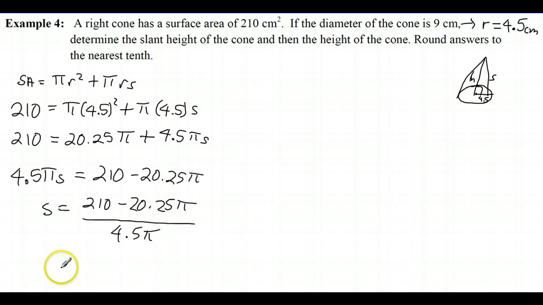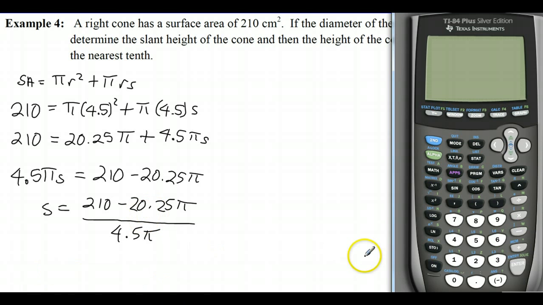Okay, and you plug this into your calculator. Let's plug this into our calculator. So remember, we're going to need brackets around the top. All right, here, let's clear this out of the way. So we're going to go bracket 210 minus, now if you want to, you could have left that as 4.5. So let's go 4.5 squared pi, close bracket, divided by, open the bracket, 4.5 pi.